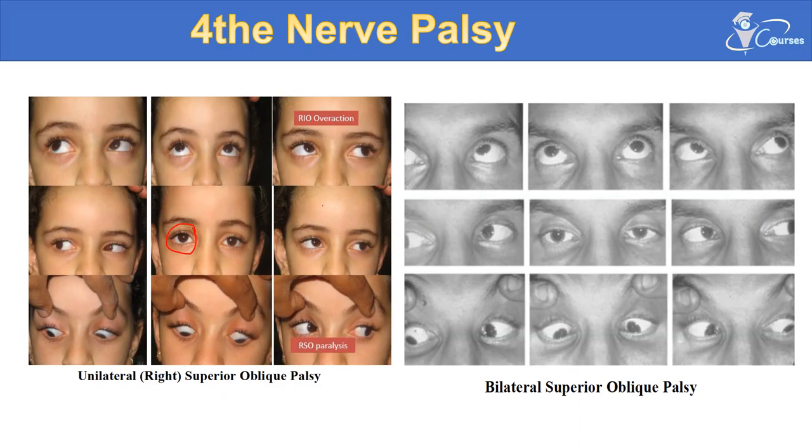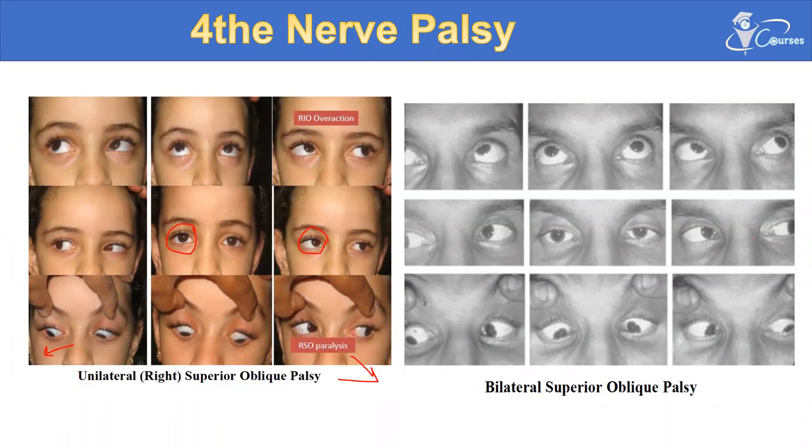If the patient is looking to the left, the hypertropia increases, and it disappears on the right gaze. This is the second part of the Park three-step test. Look here: when the patient is looking to the right, no abnormality. When the patient is looking to the left, there is limitation of depression in adduction of the right eye.